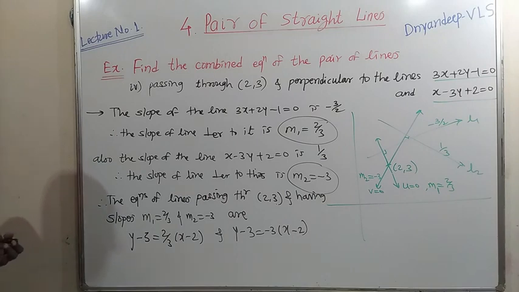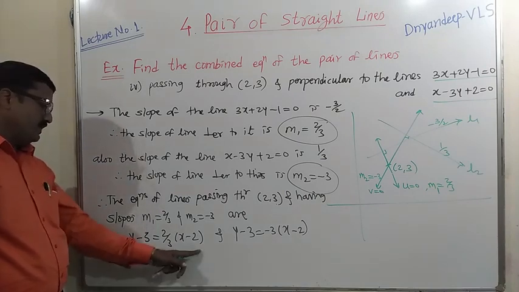Is it okay? By using slope point form, the slope is this and the point is 2, 3.